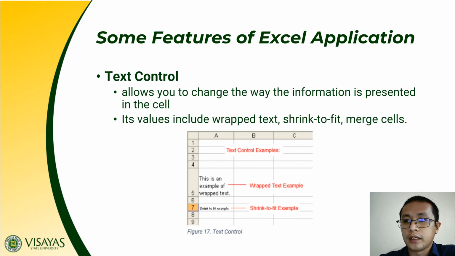It will expand to accommodate all the contents in a given cell. That's what we call wrap text. Shrink to fit means the font size of the text will decrease so that it will fit in the given cell. It is the text which will adjust so that it will fit in a given cell. That's what we call shrink to fit. And then we also have merge cells, which means you are going to combine two or more cells so that the data or the text will fit into those merged cells.